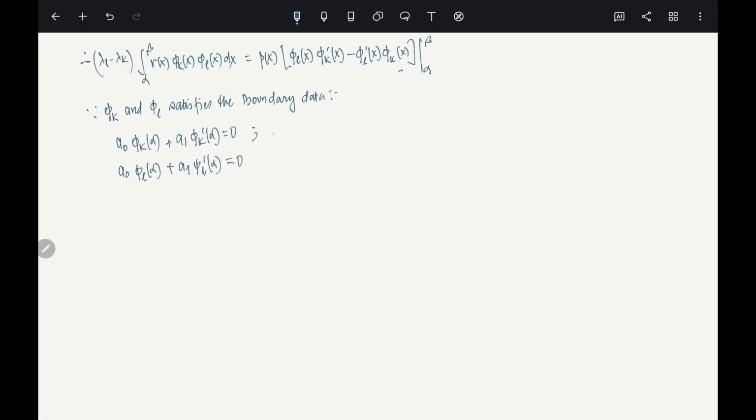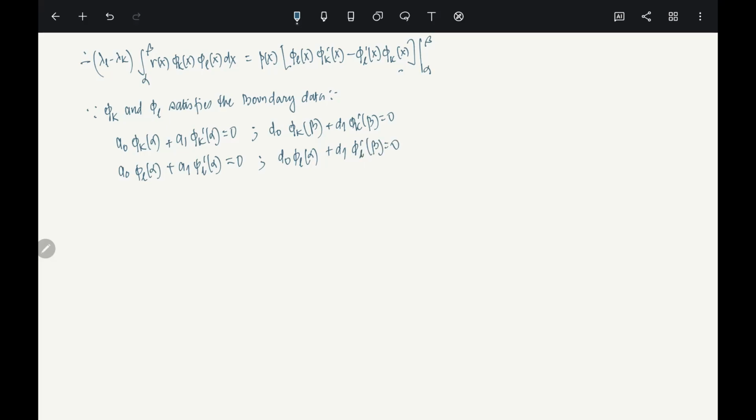And similarly, d0 times phi k at the point beta plus d1 times phi k prime at the point beta is 0. And here also a similar sort of thing: d0 times phi l at beta plus d1 times phi l prime at the point beta is 0. So those two conditions are satisfied.